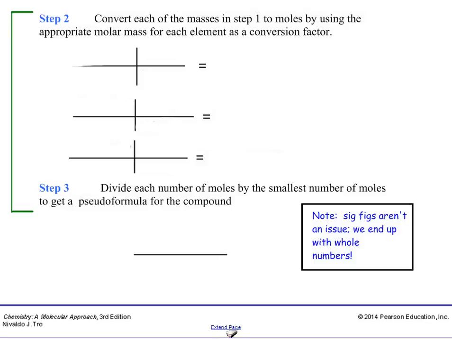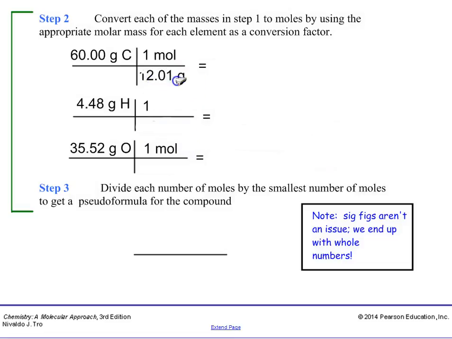In order to find the empirical formula, first we're going to convert each of the masses to moles. So I have my 3 masses, and I can use the molar mass of each element. And that's pretty simple division.